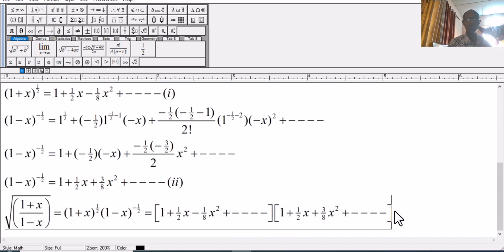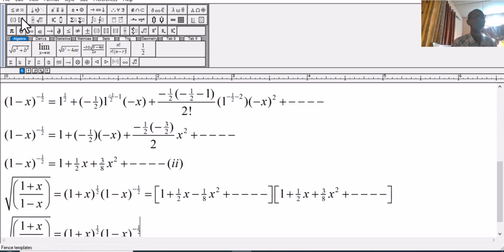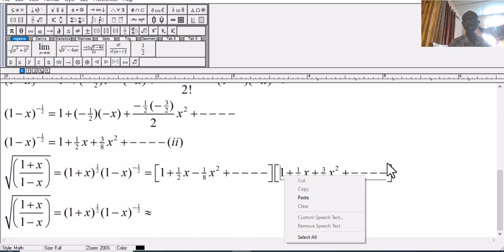So now, since I'm ignoring certain terms, I can now write this. I can say that this is approximately 1 times, you are going to use what is here to multiply each individual term here, ignoring anything x cubed.